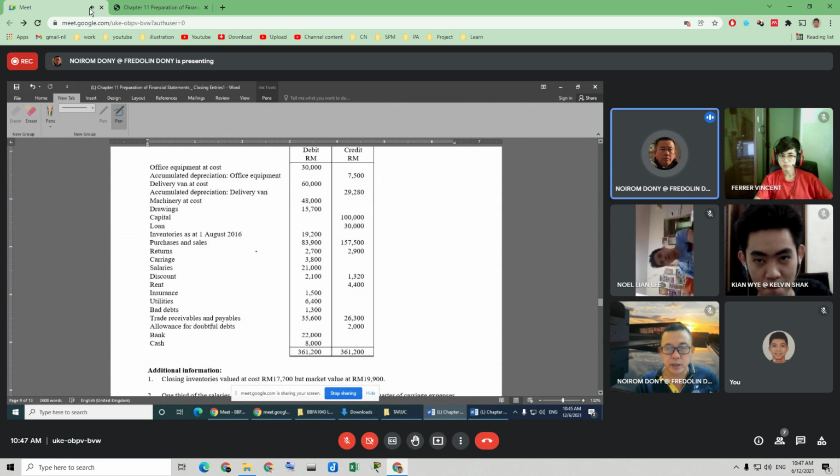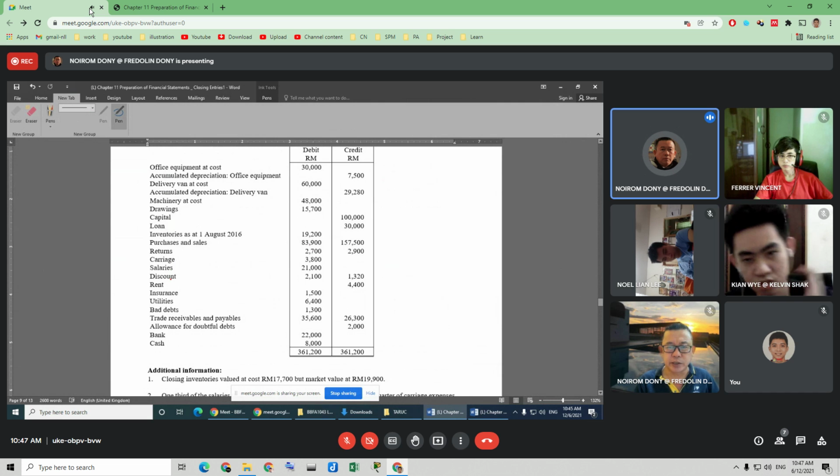Return inward, okay, 2,700. Return outward will be 2,900. Outward reduces inventory, so it should be on the credit side. Inward increases the inventory, so it should be on the debit side.